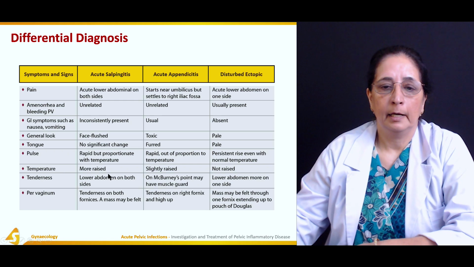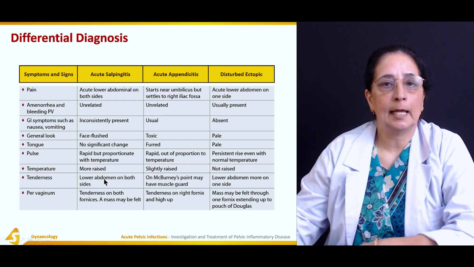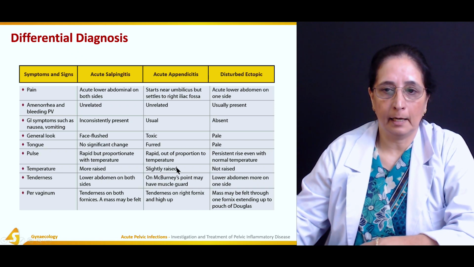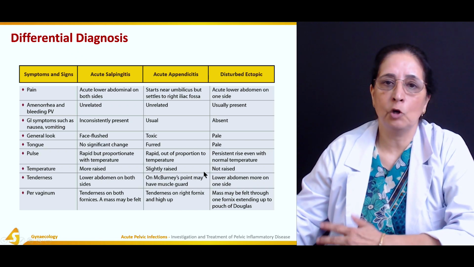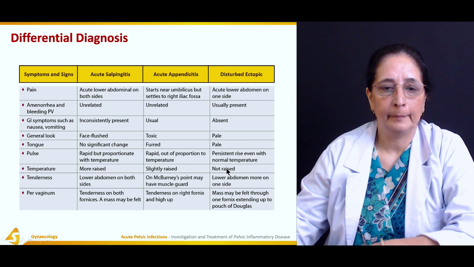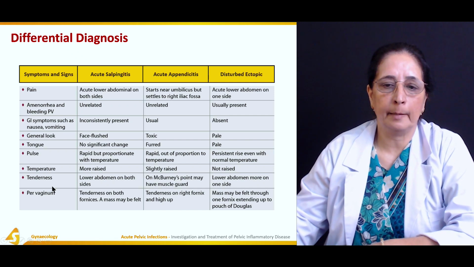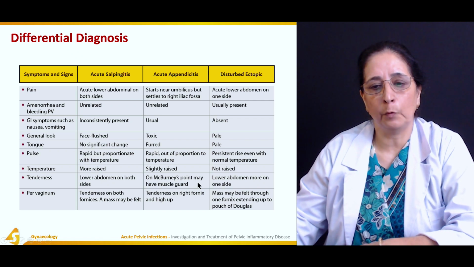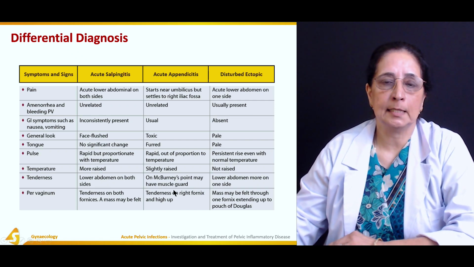Temperature: it's raised in salpingitis, slightly raised in appendicitis. It is not raised in ectopic. Tenderness: lower abdomen on both sides in salpingitis. In appendicitis, at McBurney's point, there may be muscle guard.